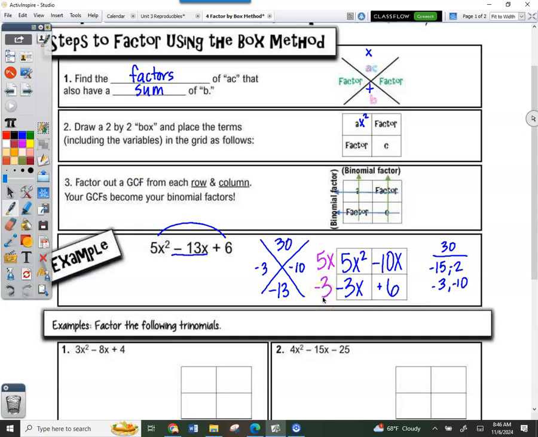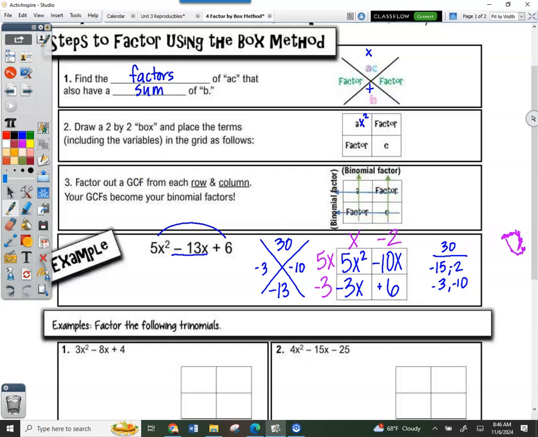Now, here's the fun part. Here's where you say to yourself, what's left over if I pull that out? So watch this. Watch my fingers. 5x times what gives me 5x squared? X. Repeat. 5x times what gives me -10x? -2.